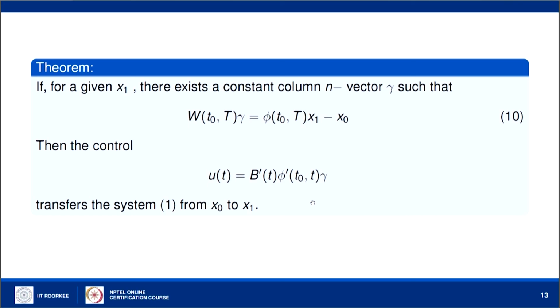So, we have this particular theorem. If equation 10, W of t naught, T into gamma equal to phi of t naught, T, x1 minus x naught, has a solution gamma, then the control given by b transpose into phi transpose into gamma transfers the system from the initial condition x naught to x1. The proof is quite simple.